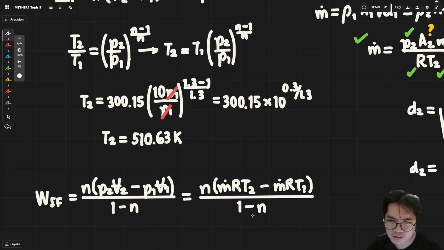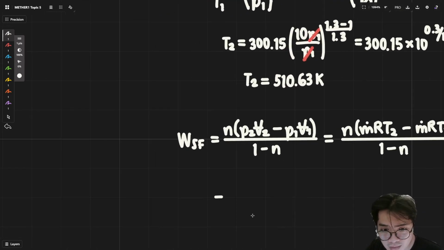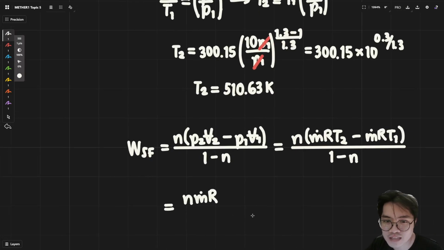And then you will see that you can actually factor out the m dot and then the R. n m dot R. And then actually you can factor out the T1 as well. T1 all over 1 minus n.